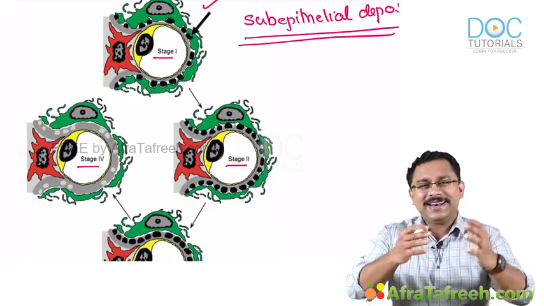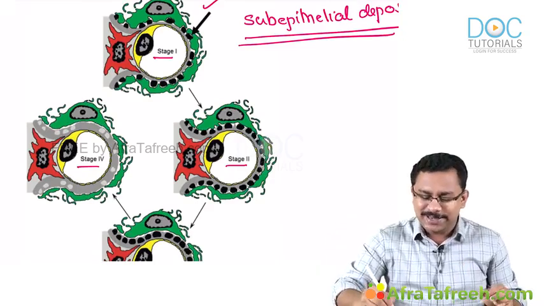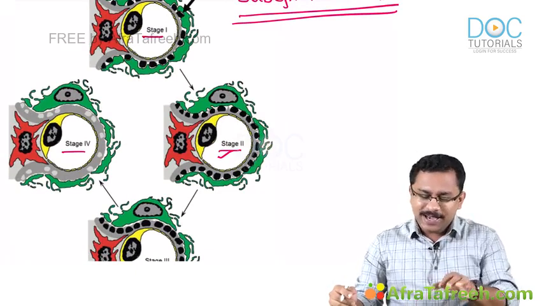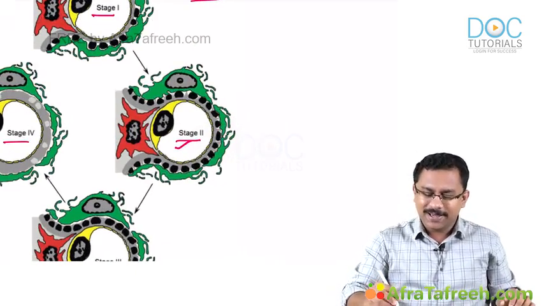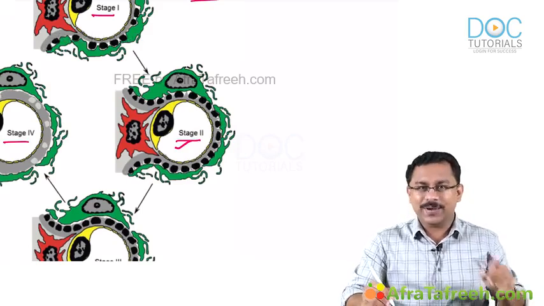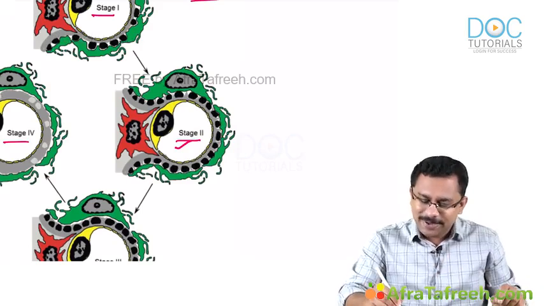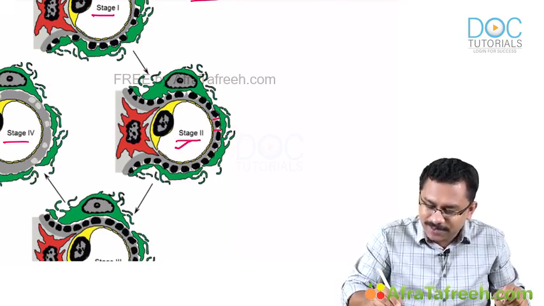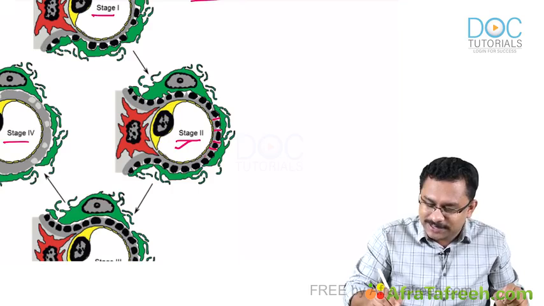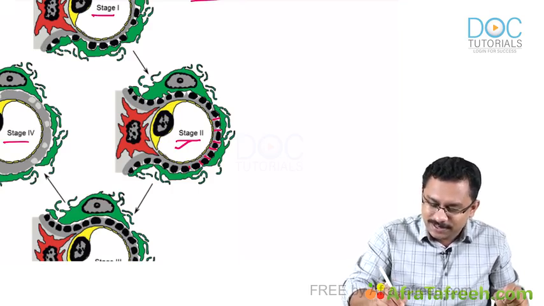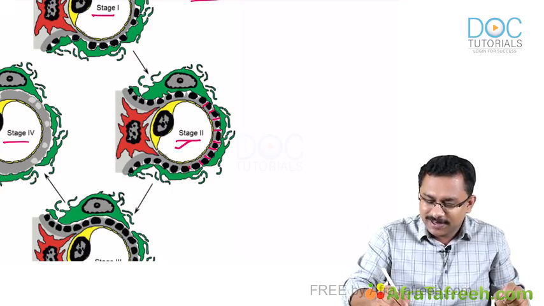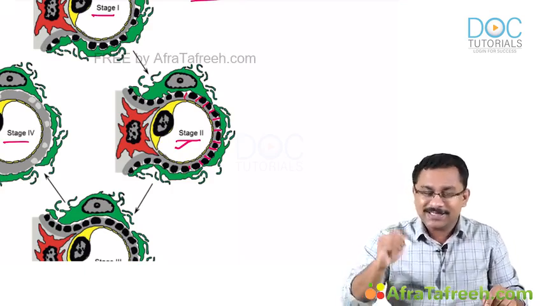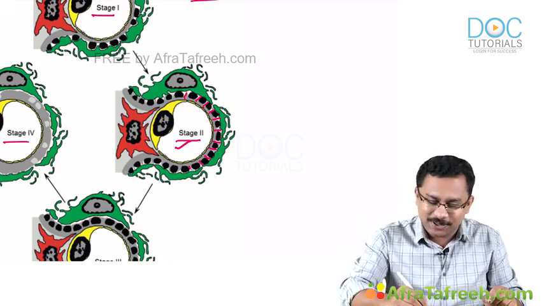Now what happens is that as the disease progresses, it goes to stage 2. And what do you see here? Now I want you to be very careful. Are you able to appreciate that in stage 2, the basement membrane sends out certain projections in between these immune complex deposits? Just observe wherever I have marked these projections.